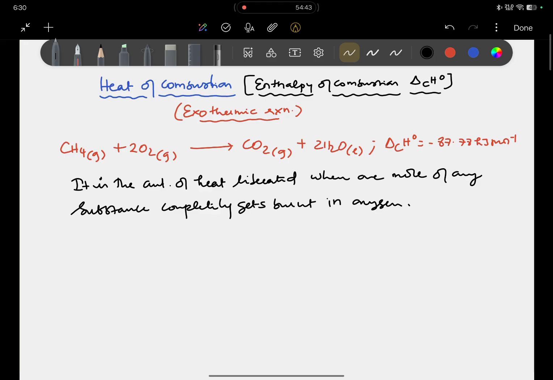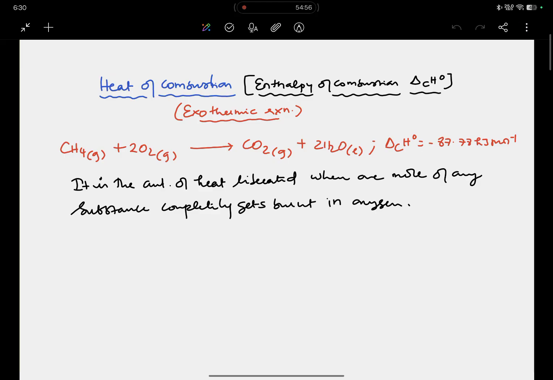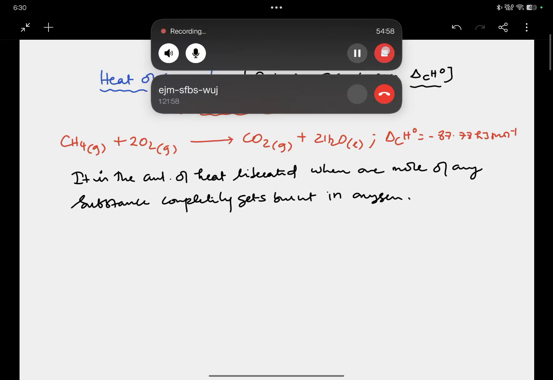For every molecule, the combustion values will change. It is not going to be the same. Okay, so with this I am concluding for the day. In today's session, let me stop recording.